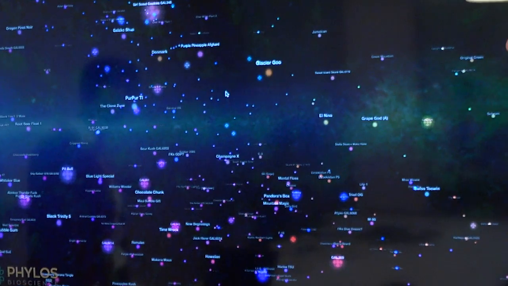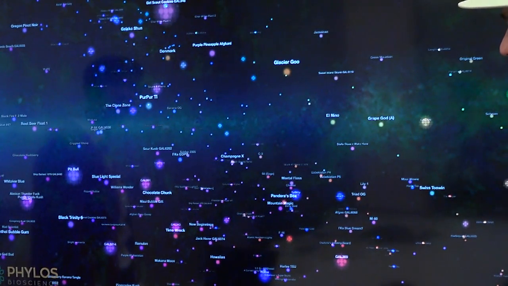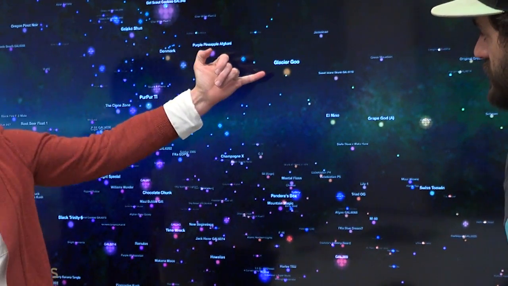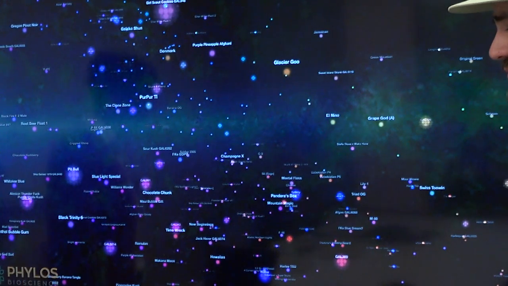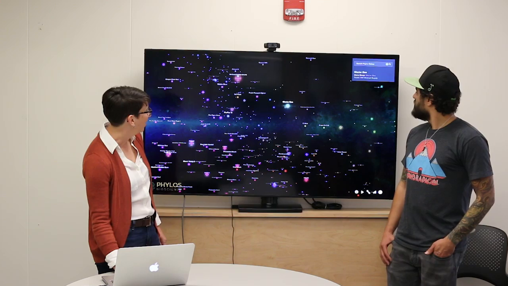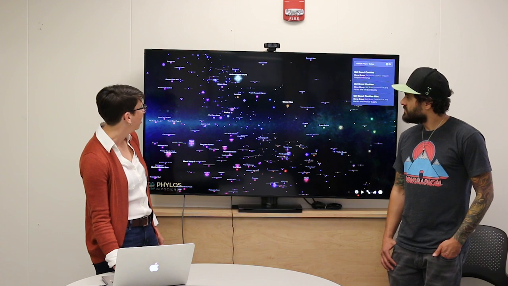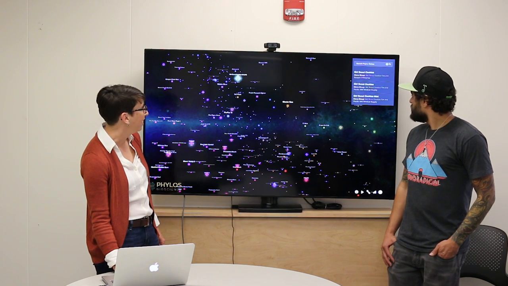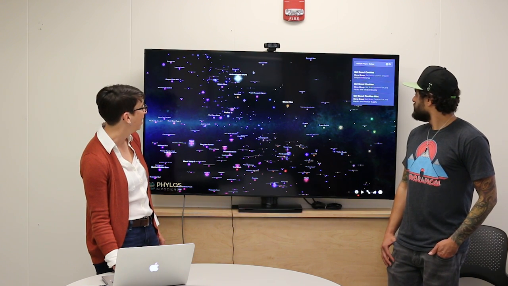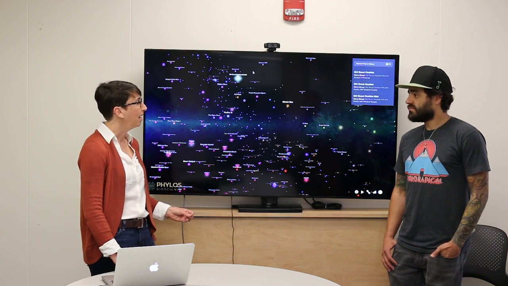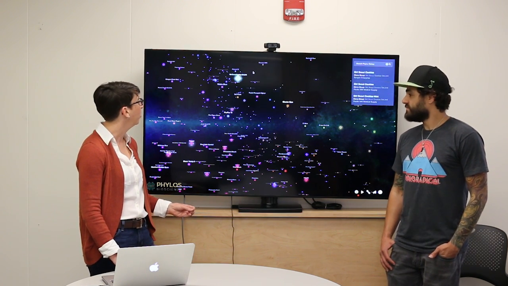You'll notice that some of the points have a single spot, and that is one unique sample. This one's called Glacier Goo. And then some of the spots on the galaxy, or stars, are more complex, and they represent a little cluster of genetically identical samples that are one variety.